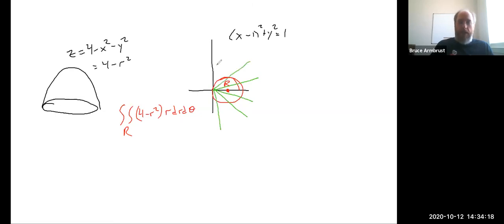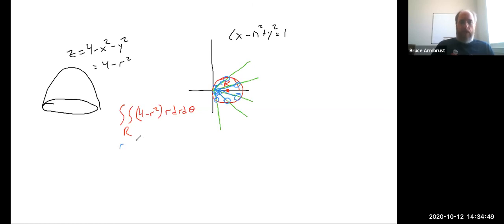Integration man extends out radially. So here's his head, and there's his feet. There's another integration man, and another one there. Integration man is just going out this way. So his head is determined by this circle, and his feet are determined by the origin.